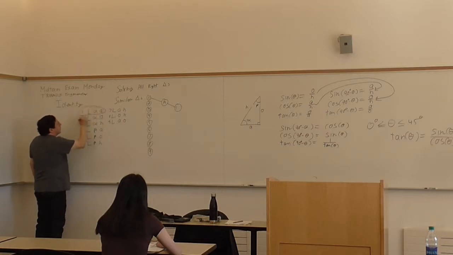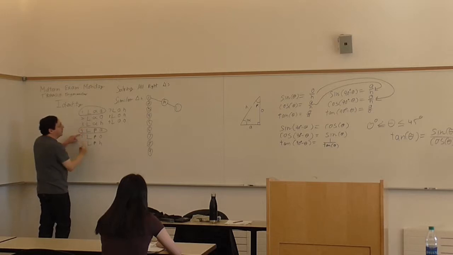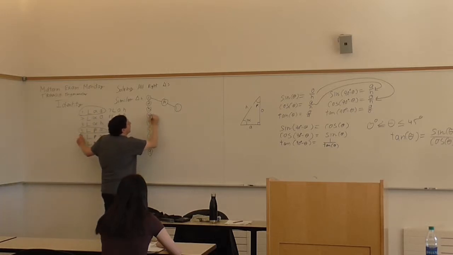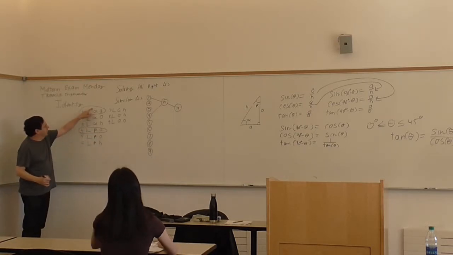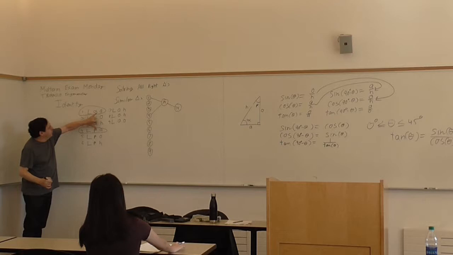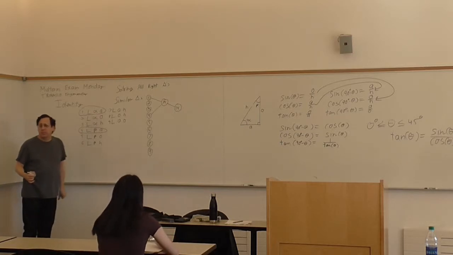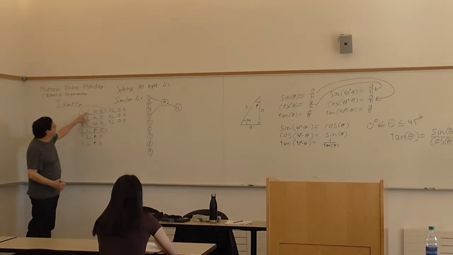But if I look around here, now I see case 4. Case 4, I know beta, but that's going to tell me alpha. So these two cases are now the same, right? In other words, now I know the right angle, alpha and beta, and I know the adjacent side.